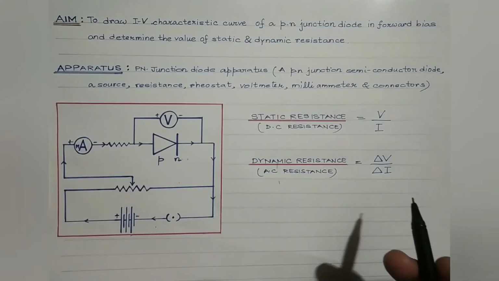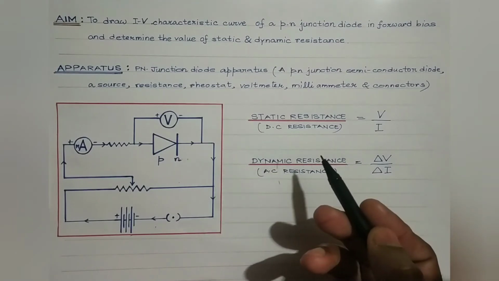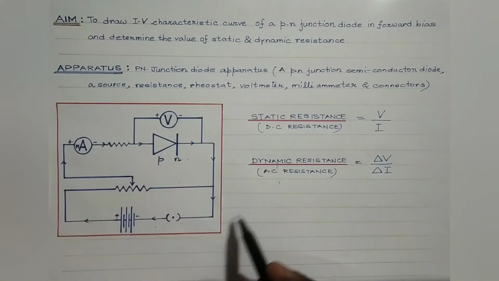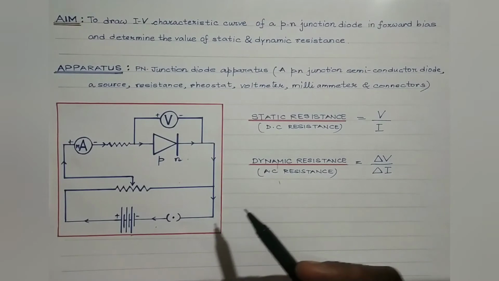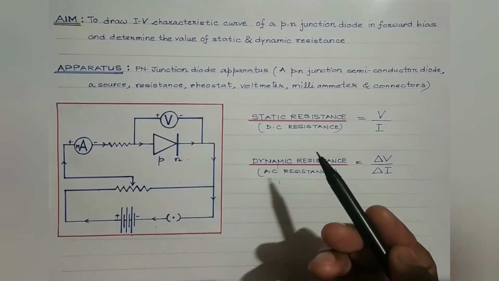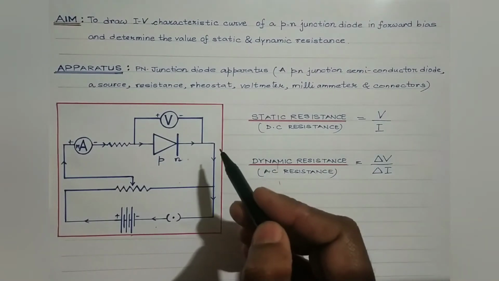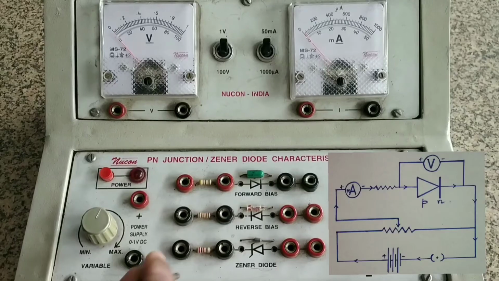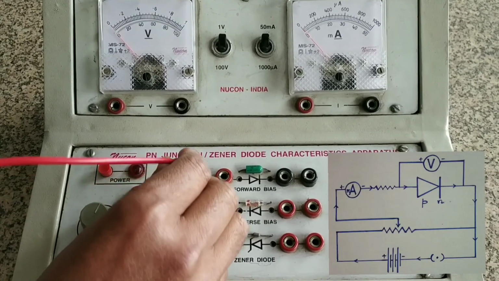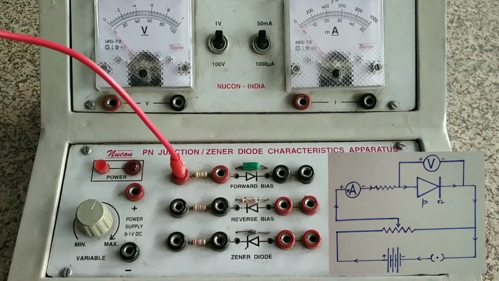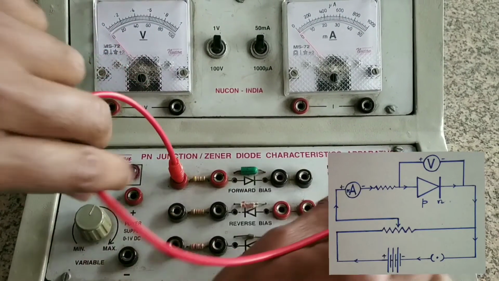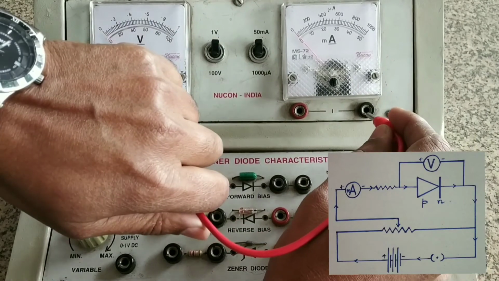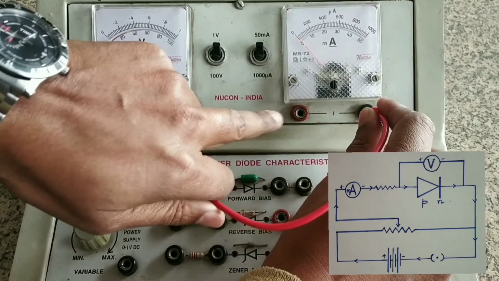Now students, let us make use of the actual apparatus so as to realize this circuit diagram and find out the readings for different values of voltages and correspondingly different values of current. Let us make the connections as per the circuit diagram. The P section of the diode is to be connected to the negative terminal of the milliammeter.